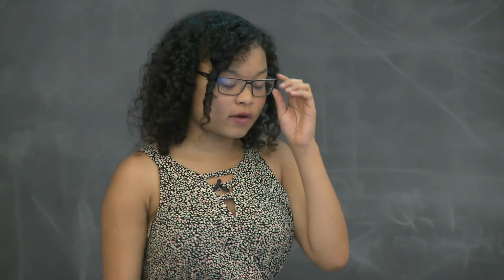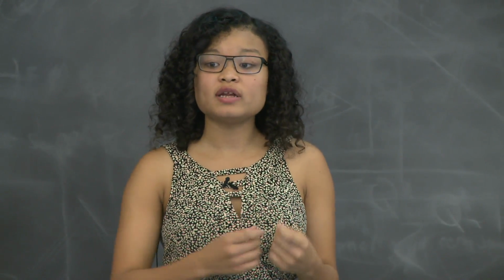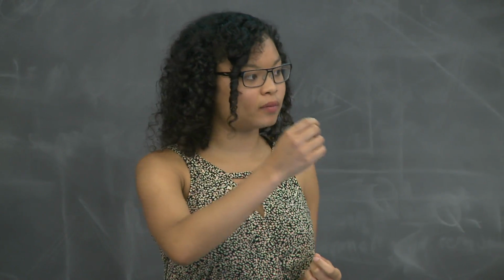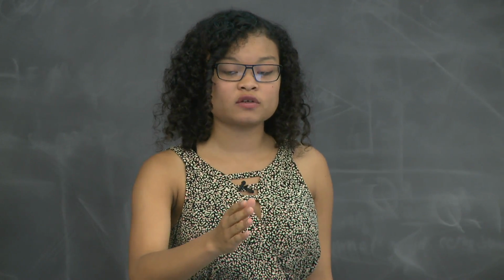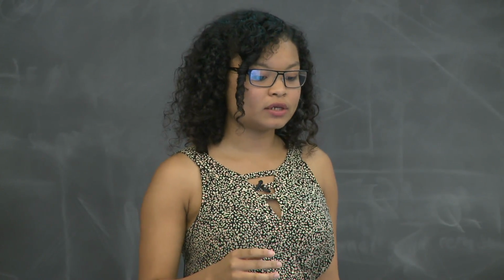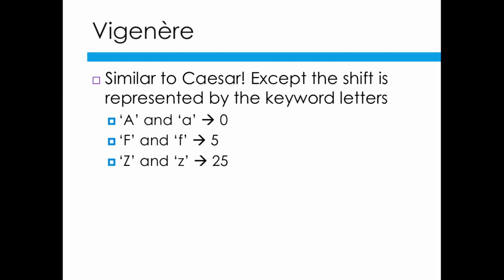Okay, so as I said, it's very similar to Caesar, except instead of shifting by a certain number, the number is actually going to change from character to character. Now, that number to shift is represented by keyword letters. So if you enter a shift of A, for instance, that would correspond to a shift of 0. So that's, again, back to the alphabetical index.